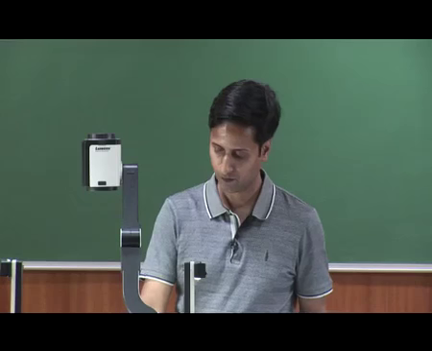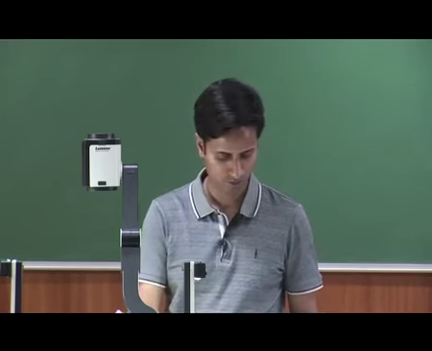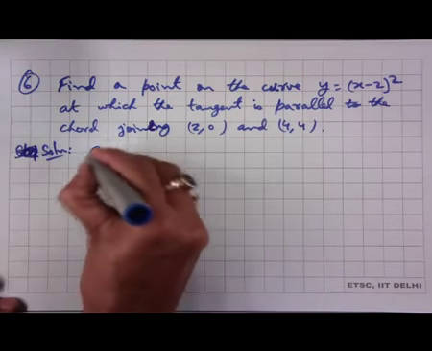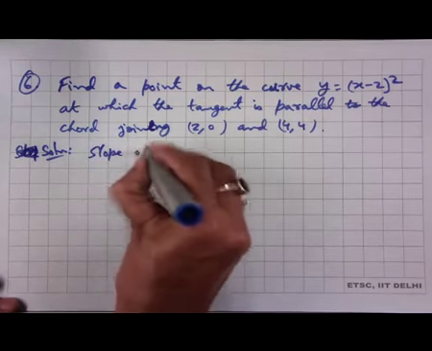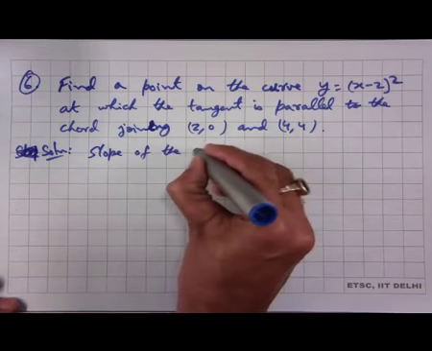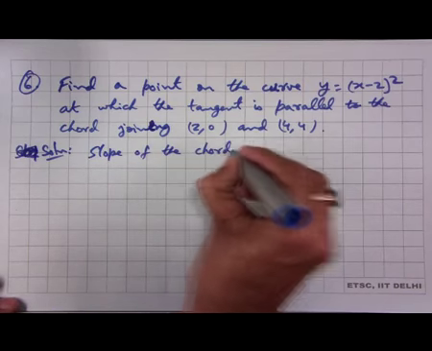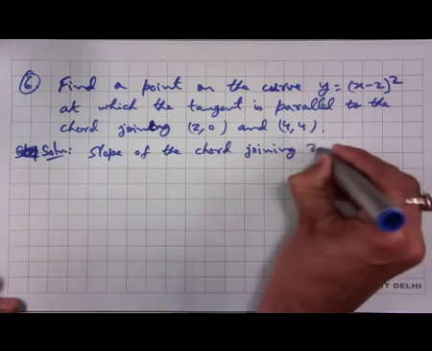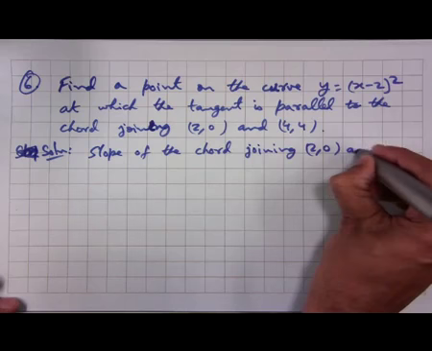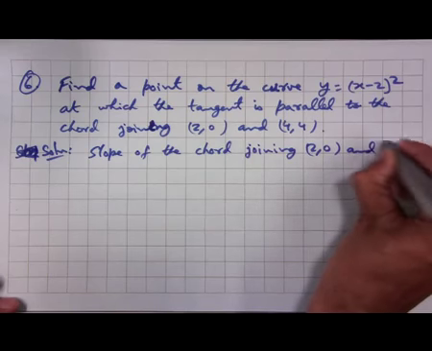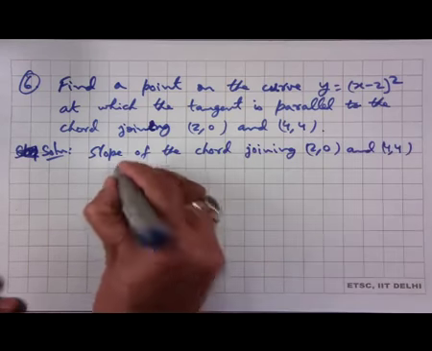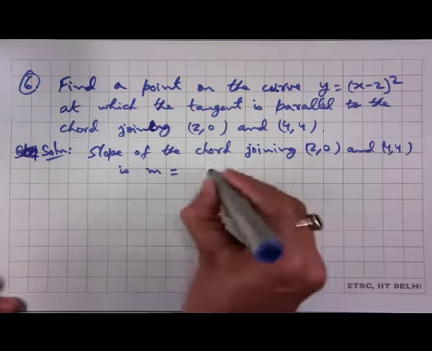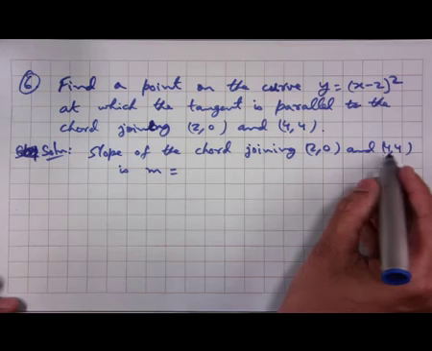So, first let us calculate the slope of the chord joining (2, 0) and (4, 4). It is m equal to y2 minus y1 by x2 minus x1.